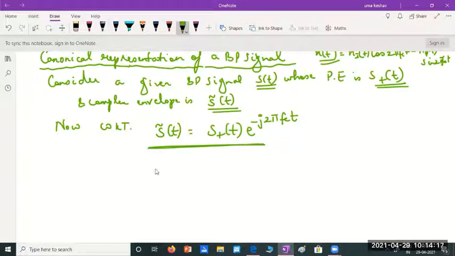Yes or no? So we already know how the complex envelope is related to the pre-envelope. If I write this equation in the reverse order, I want the pre-envelope written in terms of the complex envelope. What do you think will happen?